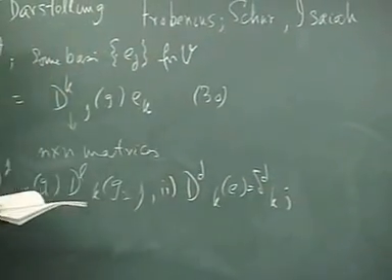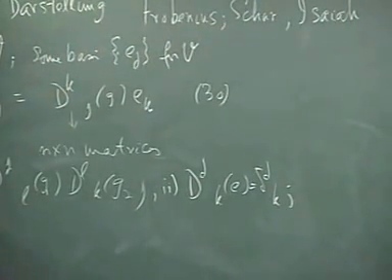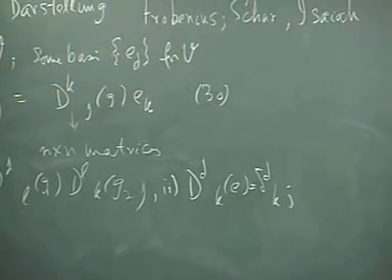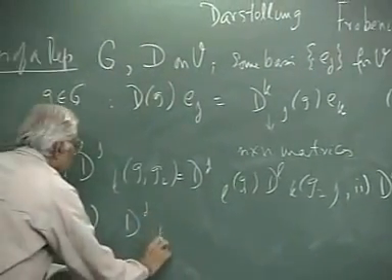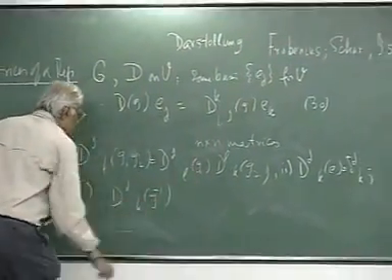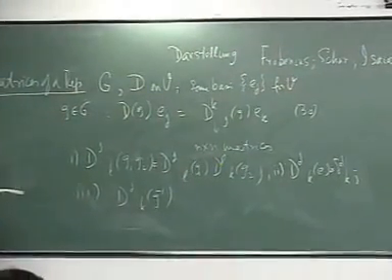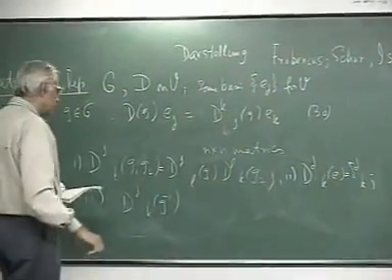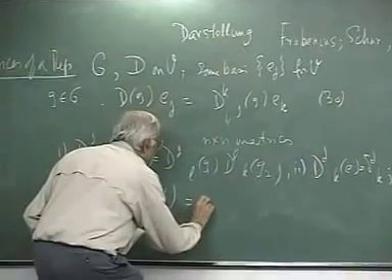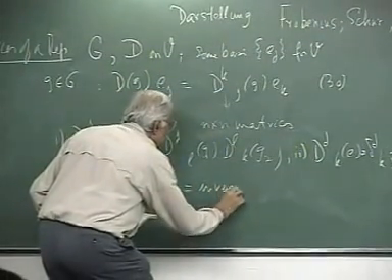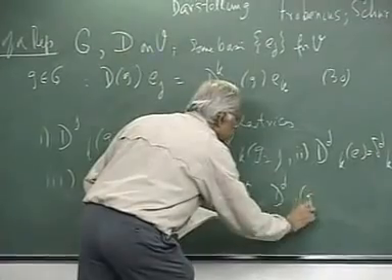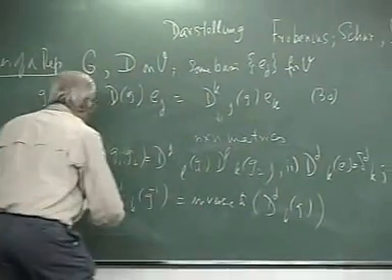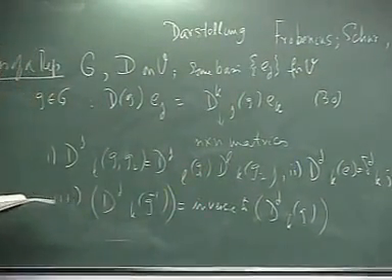The unit element in the group is represented by the unit matrix, and as for inverses, the matrix representing the inverse of a group element is the inverse of the matrix representing the group element itself.